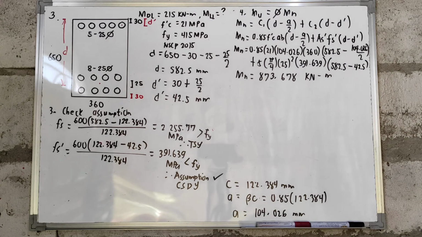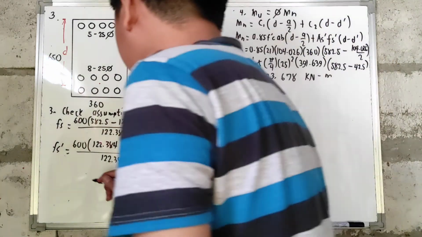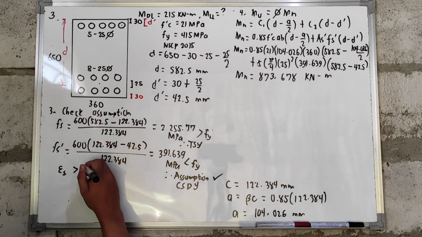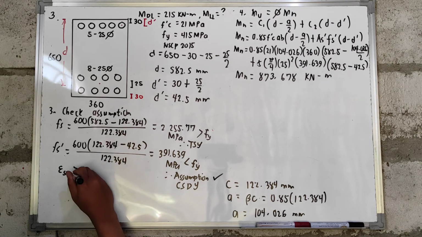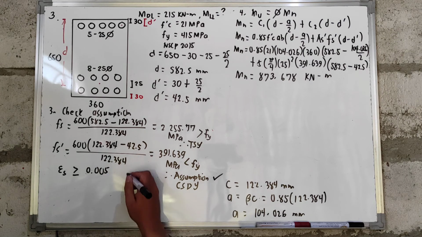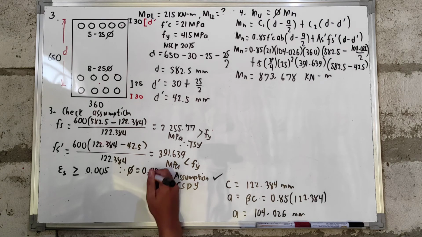So, bakit po naging 0.9 po yan? Kasi, diba, yung nagiging reference natin dyan, kapag yung actual strain natin is greater than or equal to the value ng 0.005, yung reduction factor natin is equals to 0.90.